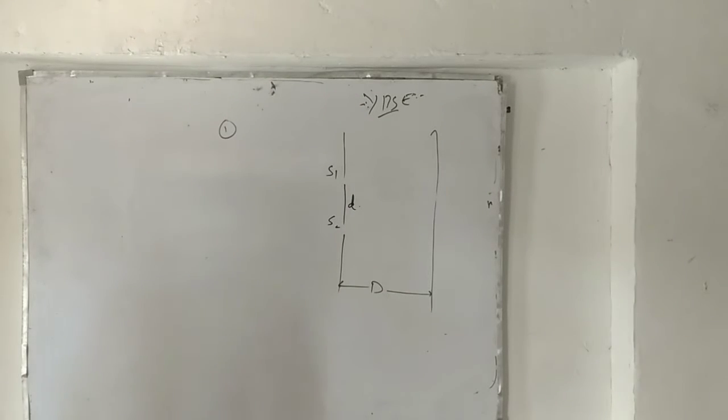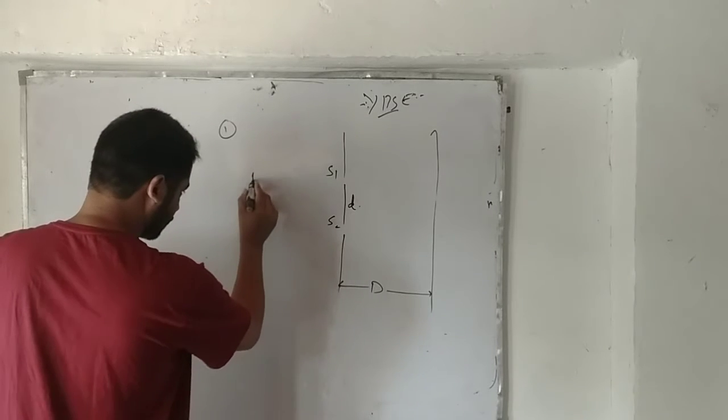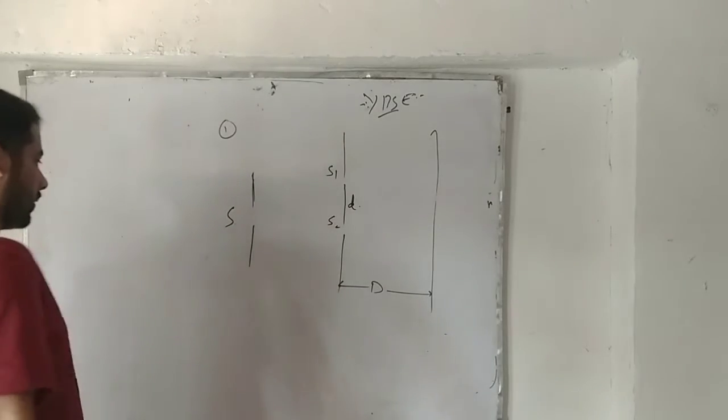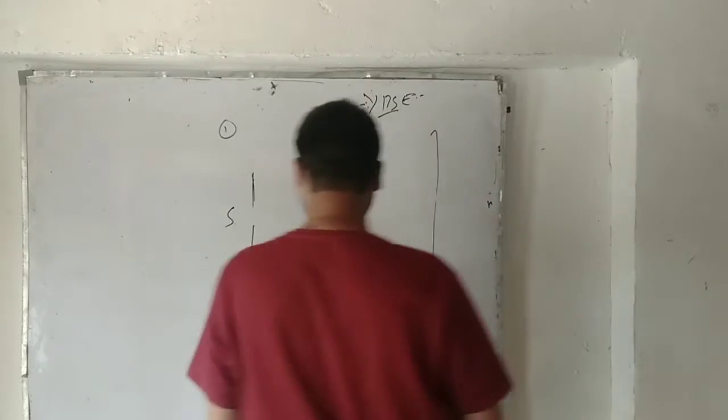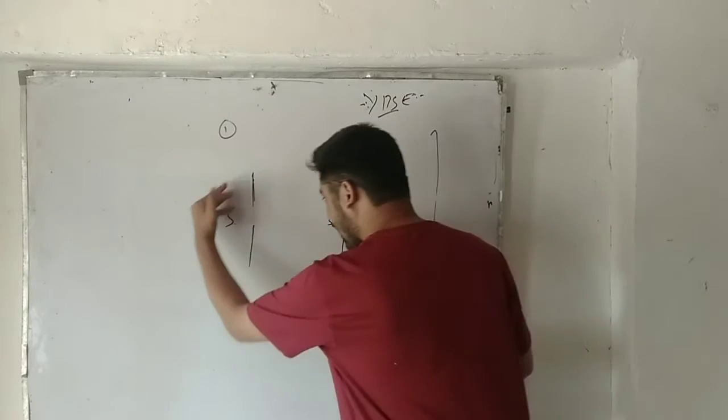Now, in addition, if there is a source slit S in a problem, and the slit is ideal, the light rays coming from it act as an ideal source.